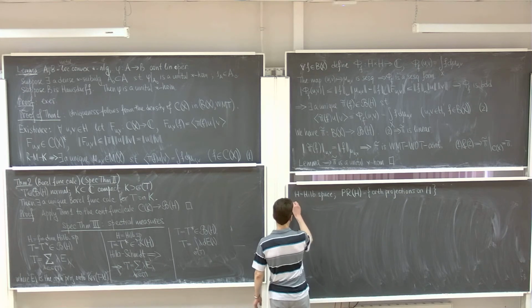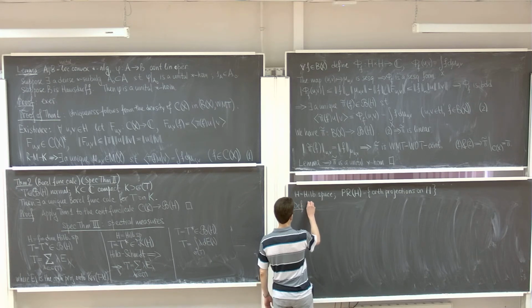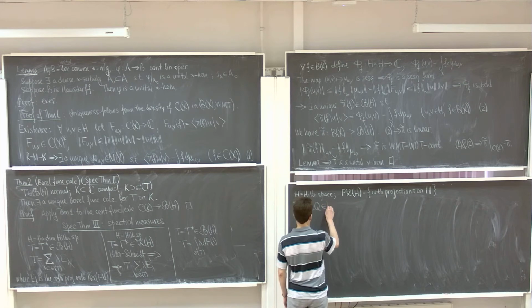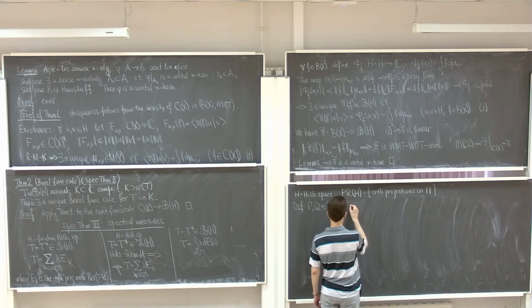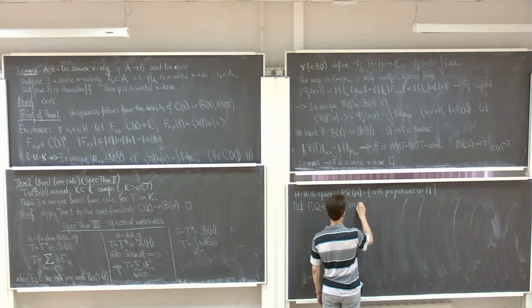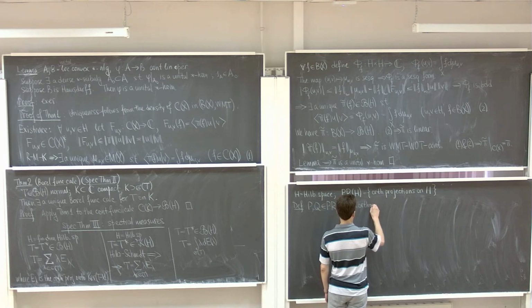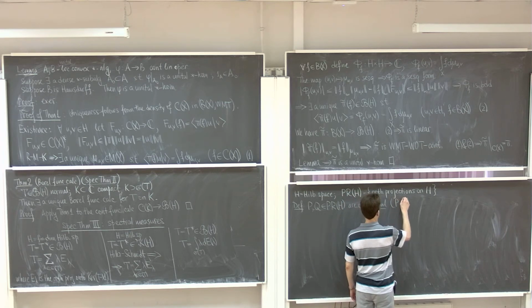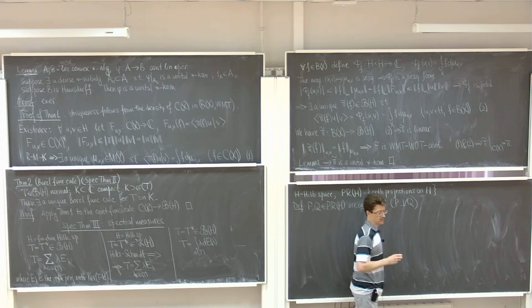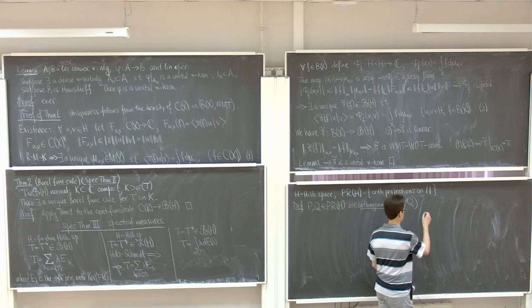We give the following definition. If we have two orthogonal projections P and Q on H, then we say that P and Q are orthogonal to each other, and write the following symbol, if their images are orthogonal.